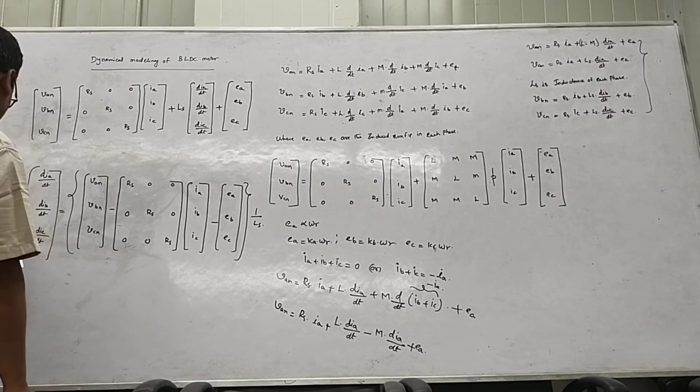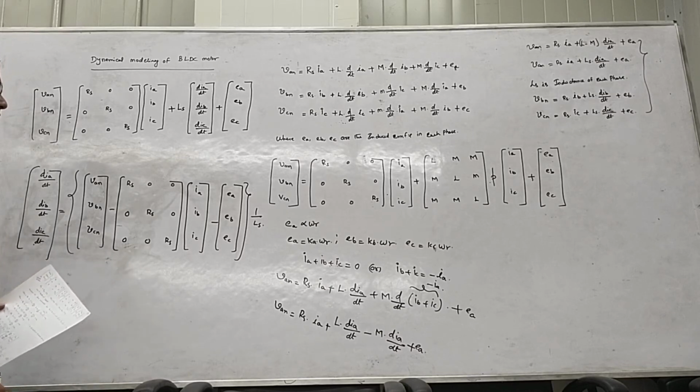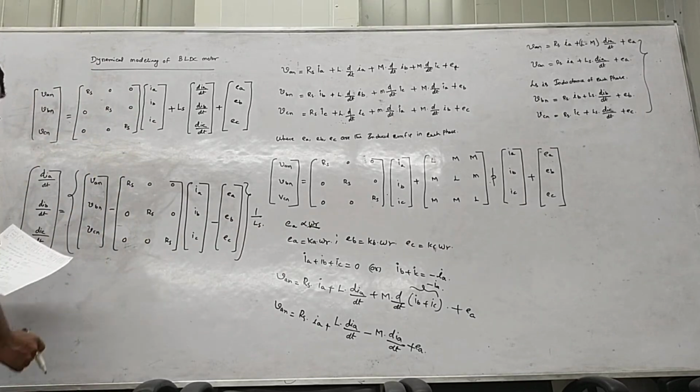As I already discussed, your induced EMF E is equal to Ka into omega R, where omega R is the electrical speed.